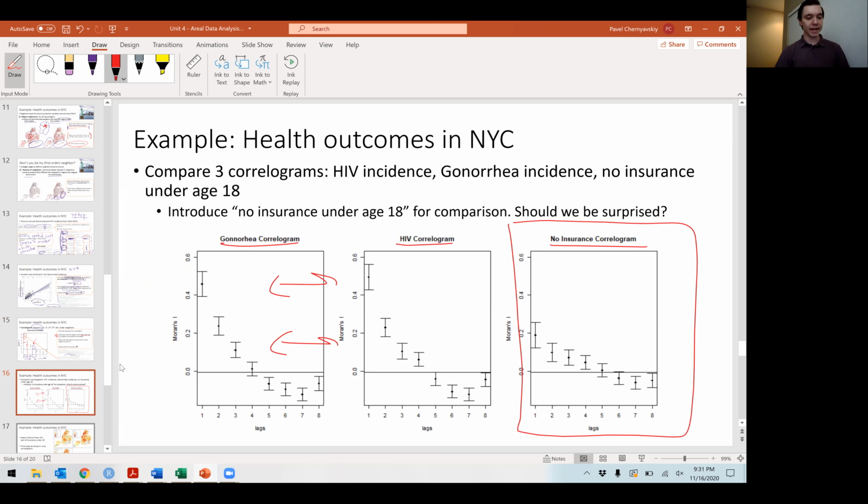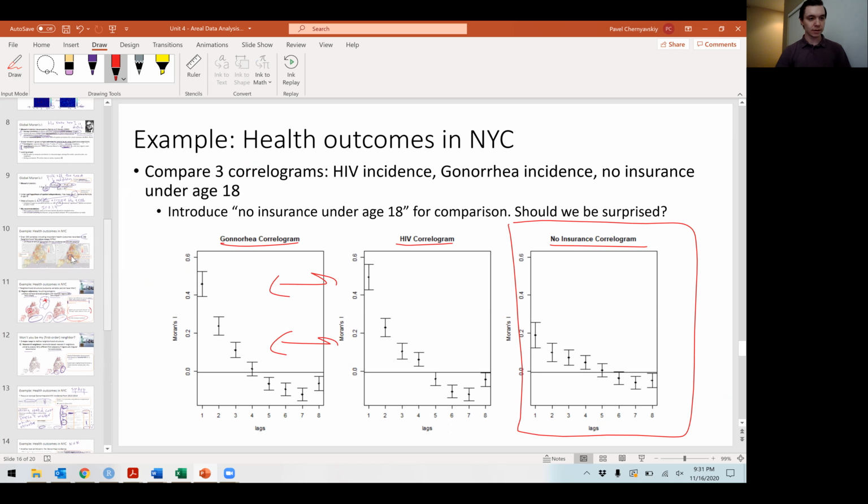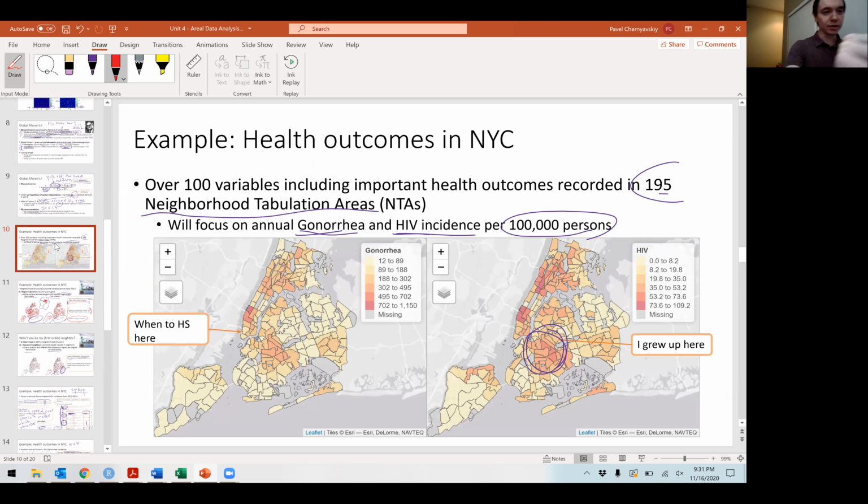And if we go back up to our map of the two variables, they are generally elevated in the same areas, and they're generally lower in the same areas. Maybe this northern tip of Staten Island is the only difference in terms of HIV. That's not elevated that much on the gonorrhea side.